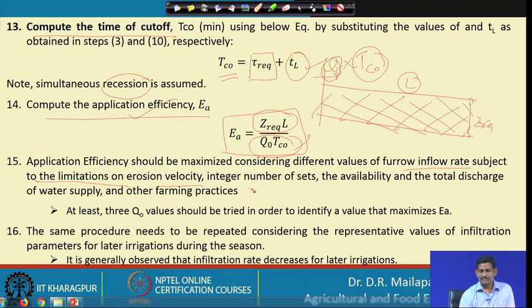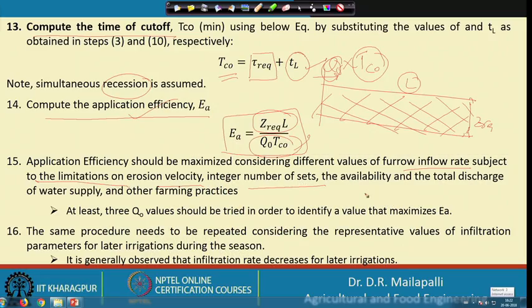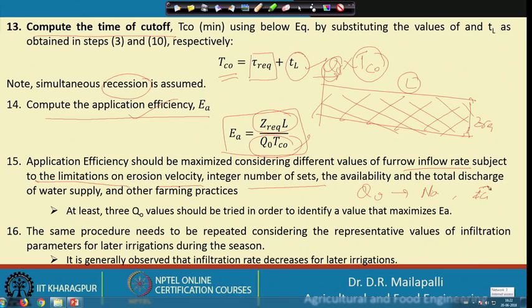on erosion velocity. So, here for each Q naught, you find out the number of furrows and number of sets, and the corresponding E A, that is application efficiency.